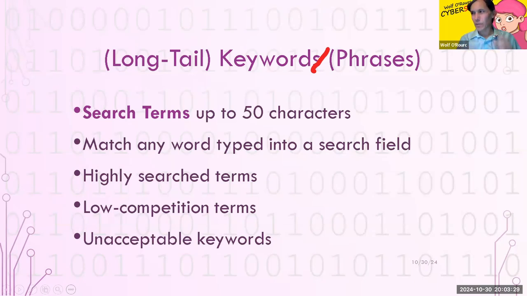And as Kindlepreneur has found out from the analysis, whatever you put into the keyword fields will match any word typed into a search field. Even if the term doesn't make sense, you can put in YA horror romance teenage protagonist and it will match romance teenage protagonist. It will match horror teenage protagonist.